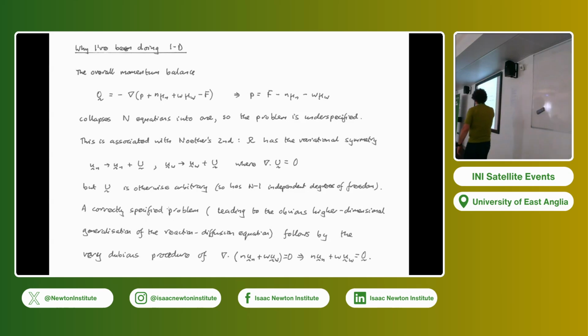Okay, so it's not just that one dimension is simpler, and of course you'd always do one dimension first, I guess, unless you're a bit of a potty numerical person. There's a fundamental issue in going to higher dimensions that isn't shared by one dimension or indeed radial symmetry, and that's this here. You don't have enough equations.